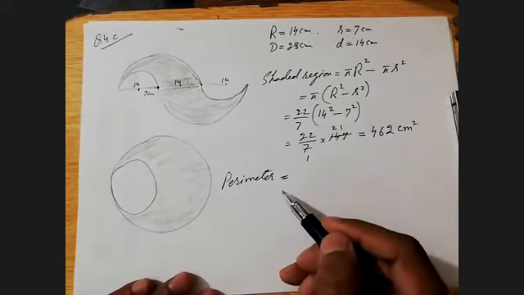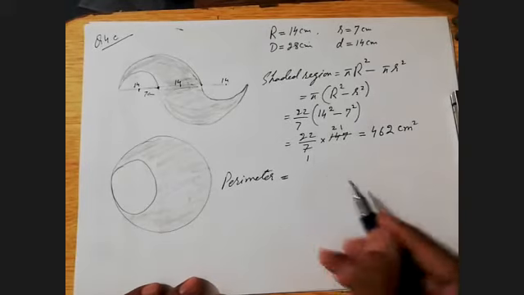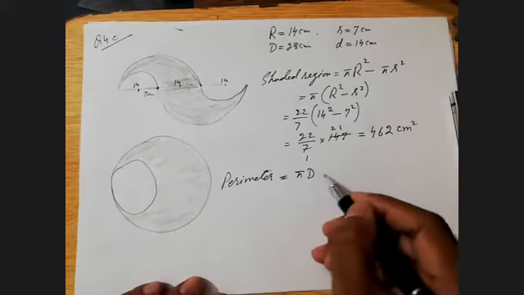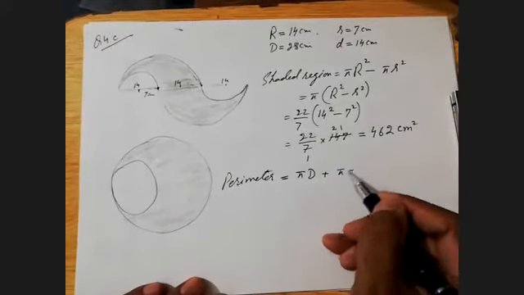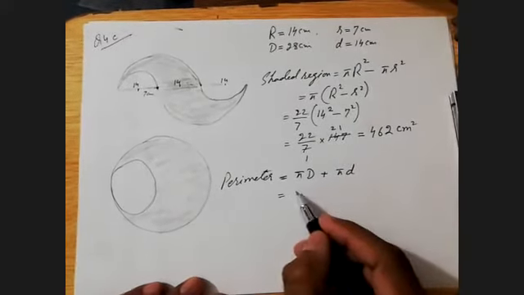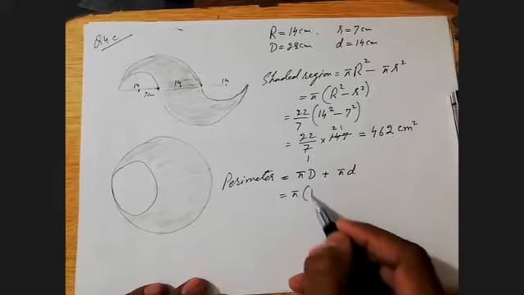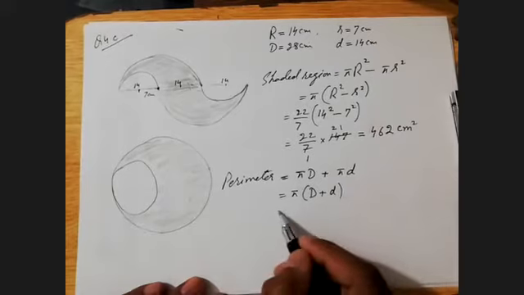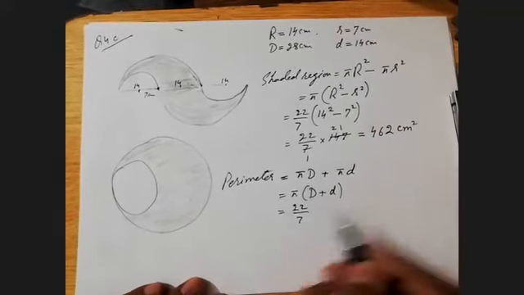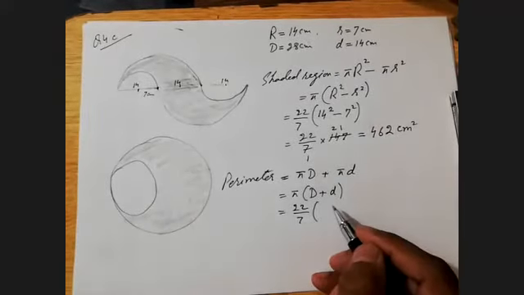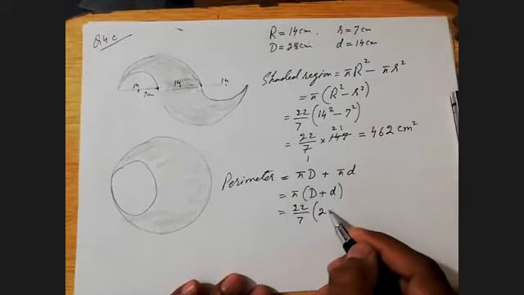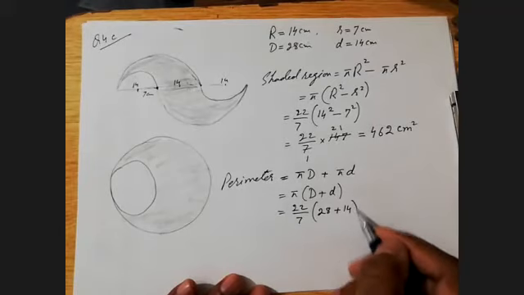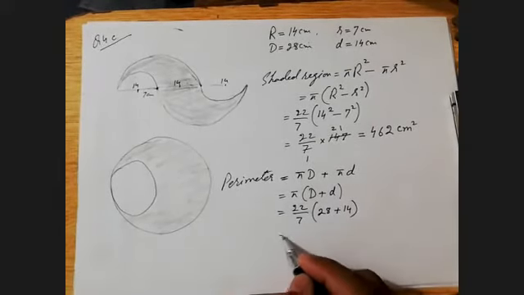So here I'm going to find out the perimeter of the shaded region. So pi D plus pi d. Taking pi as common, D plus d, 22 over 7, and the diameter of the bigger circle 28 and the diameter of the smaller is 14.